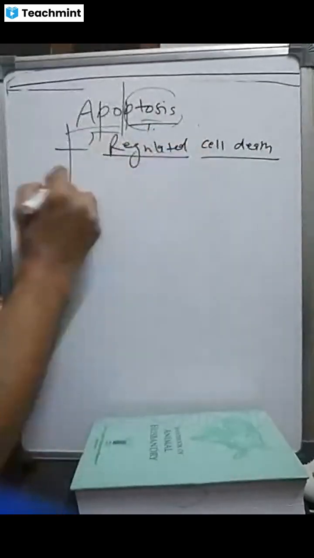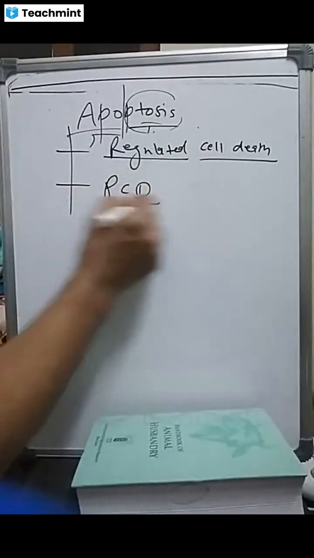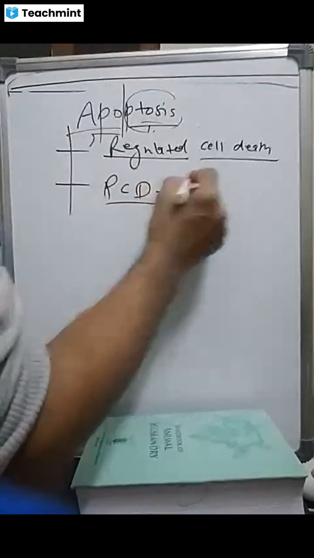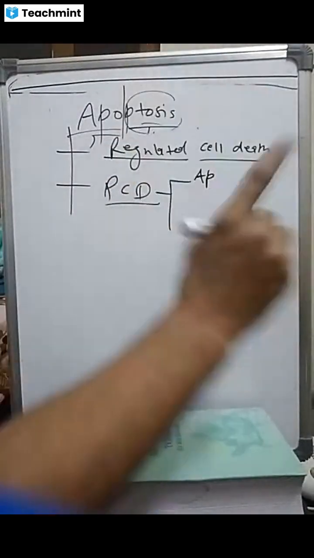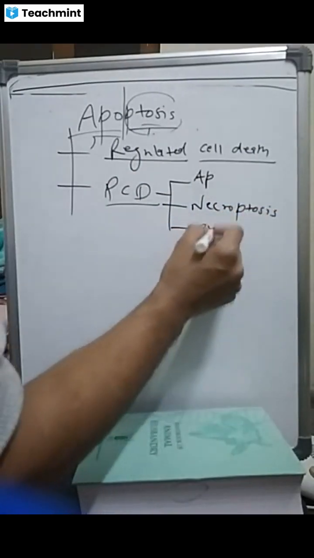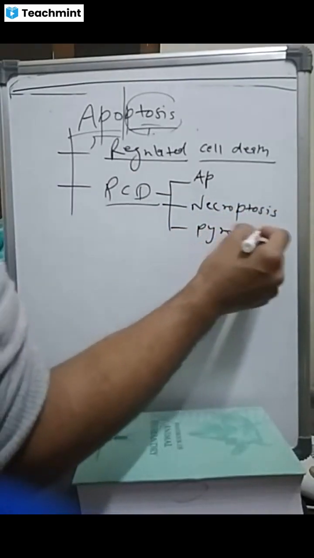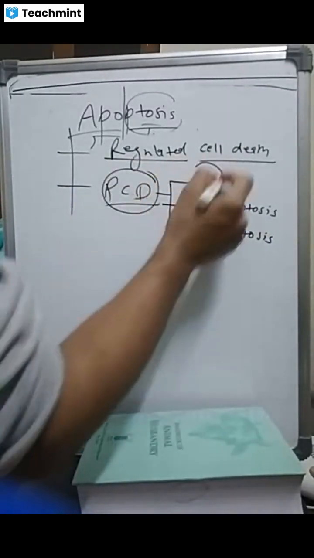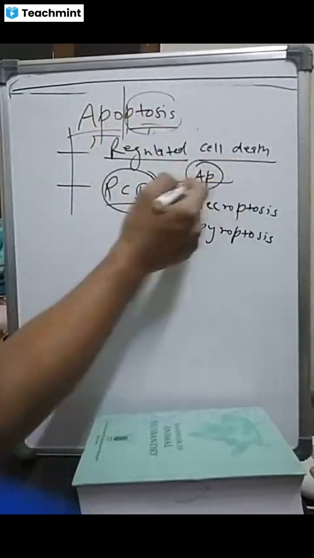It is also called programmed cell death. In programmed cell death, apoptosis is one of the examples. Other examples are necroptosis and pyroptosis. They are also programmed cell death. One example is your topic, apoptosis.